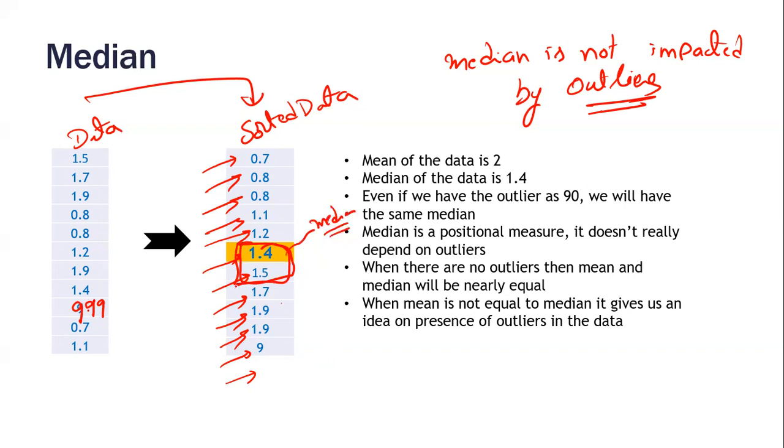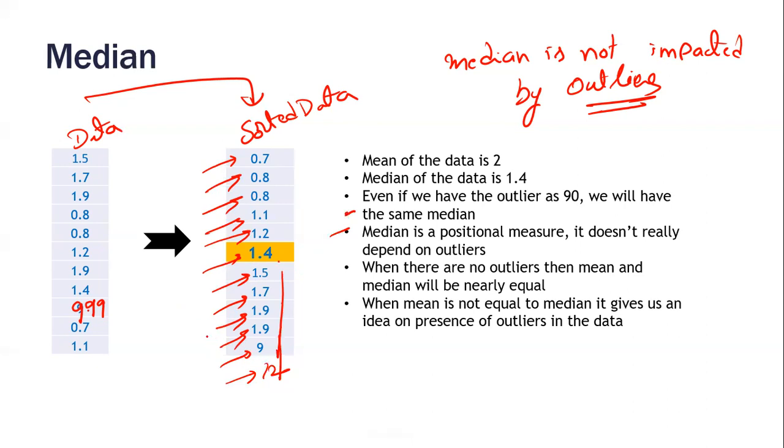If you have an even number of records, take the middle two records. Right now how many are there? 5 plus 5, 10 plus 1, 11 are there. What if you have 12 records? Take the 6th and 7th record, take the average of that. That will be your median. Clear? Yes, sir.